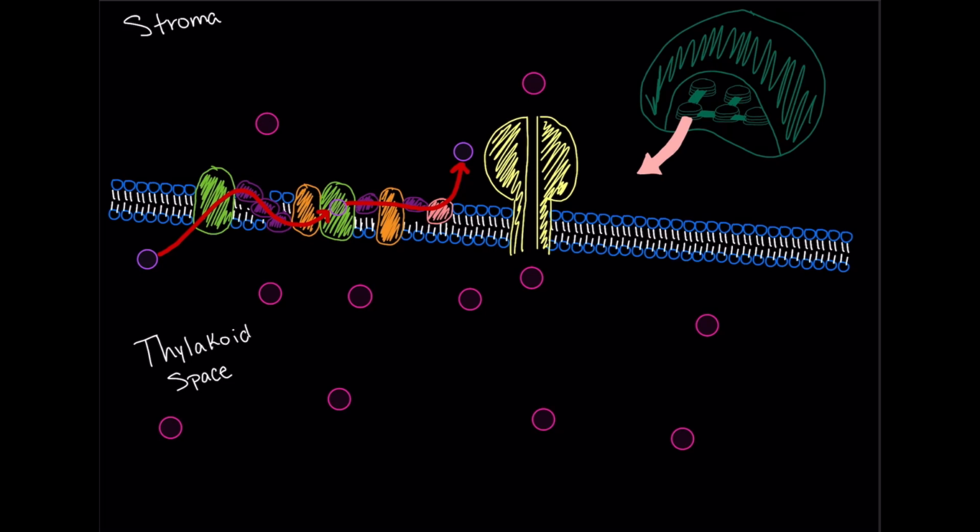The chloroplast has two main compartments, the thylakoids, which I represented here in the thylakoid space, and the stroma, which is right here. This image is a representation of what is inside a chloroplast.